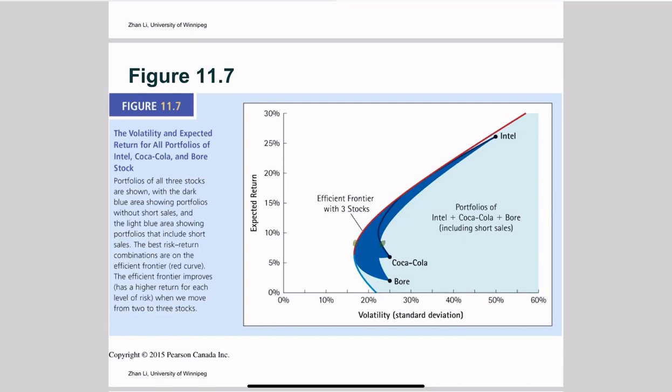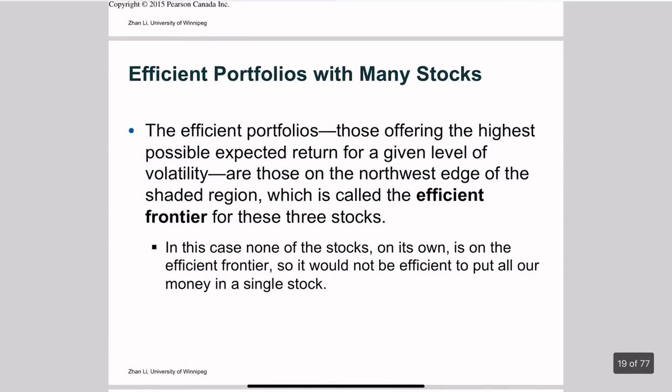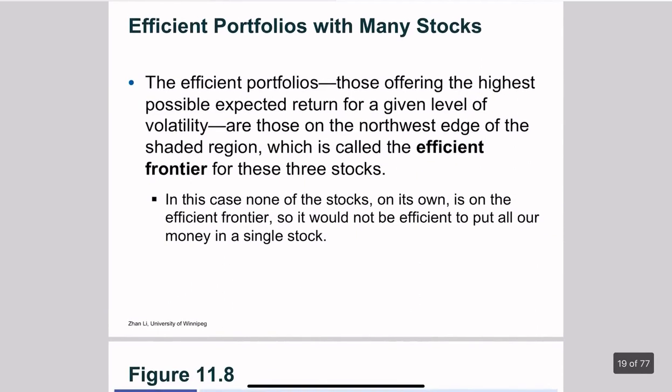I am comparing a portfolio of this and a portfolio of this. Then you can see that both portfolios have the same volatilities, but the portfolio on the red curve has a higher return. So in this case, again, the red curve is a better curve, right?